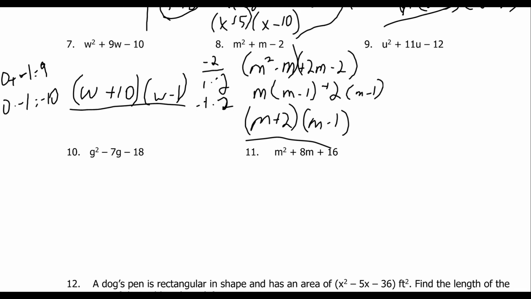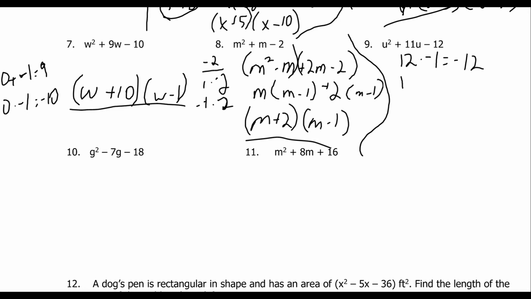Now, number 9. What will multiply to give me negative 12, but combine to give me 11? Let's see. If I go with 12 times negative 1, that's going to equal negative 12.